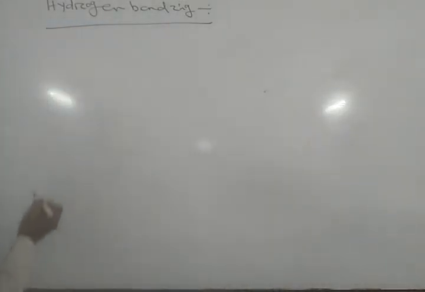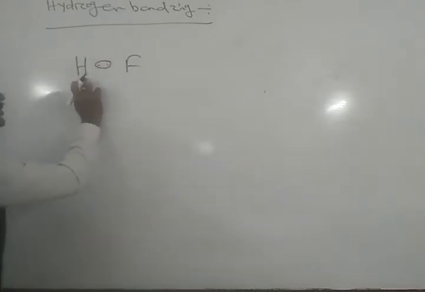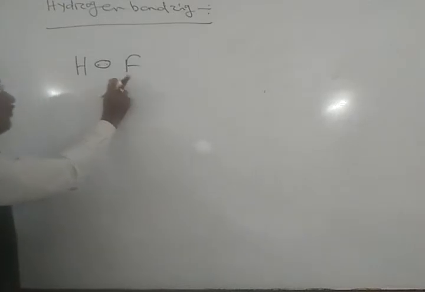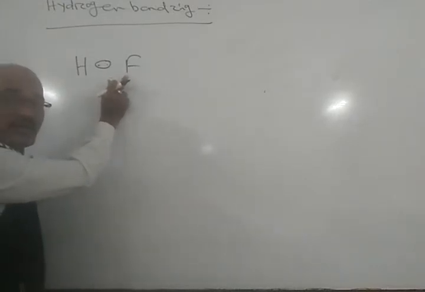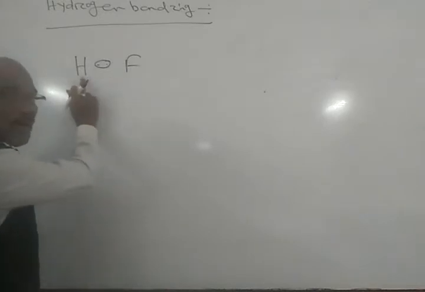If I take the example, if I take HF, here you see in this HF we have this electron pair getting shared between the hydrogen and fluorine, and the fluorine is having the higher electronegativity as compared to hydrogen here.